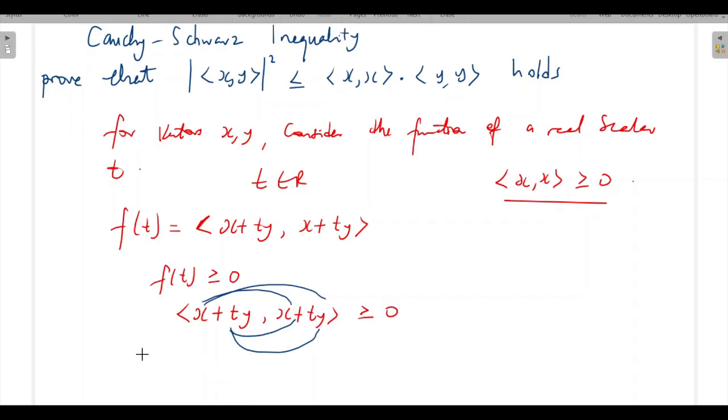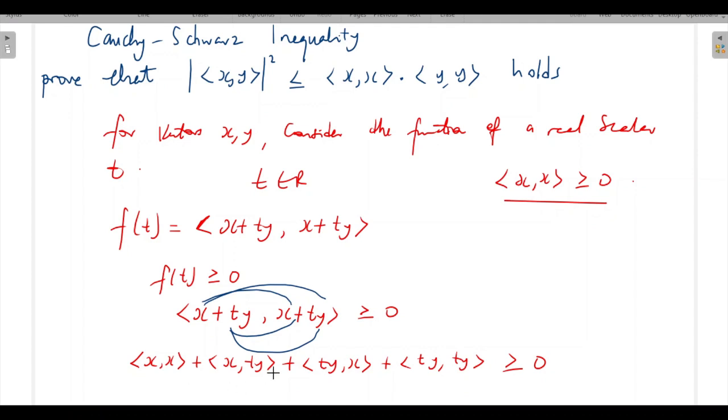The first one, you have the inner product of x, x, plus the second part, x, ty, plus the third part, ty, x, plus the last part, which is ty, ty, greater than or equal to 0. Now, looking at this from the theorem stated earlier, if you have not seen the video on my channel.